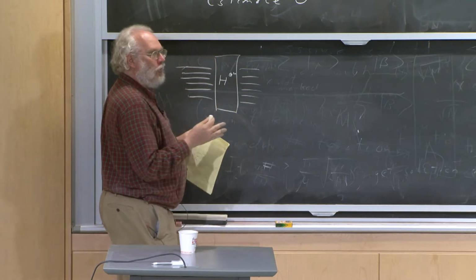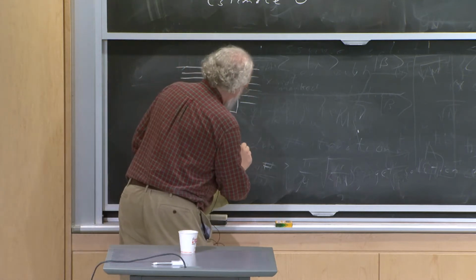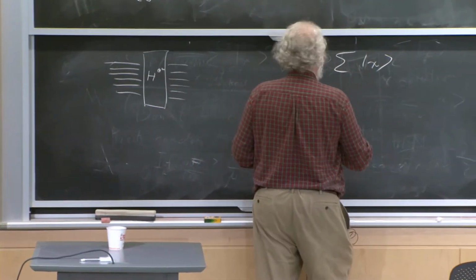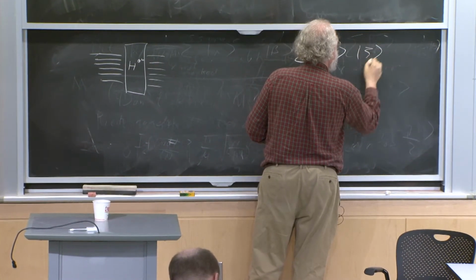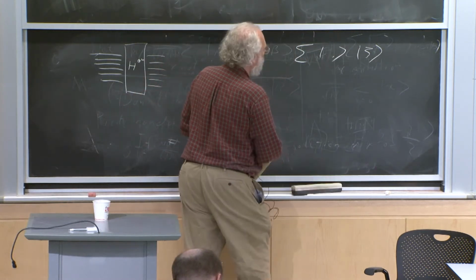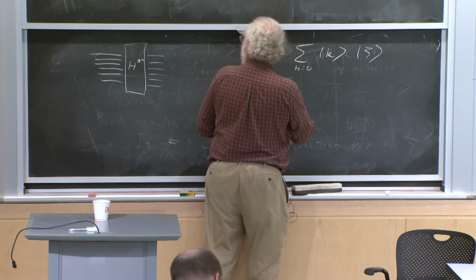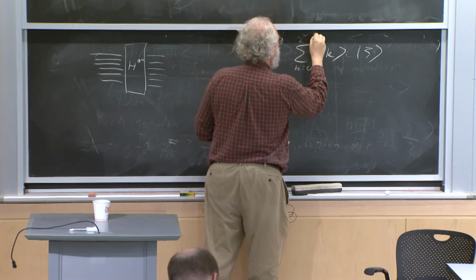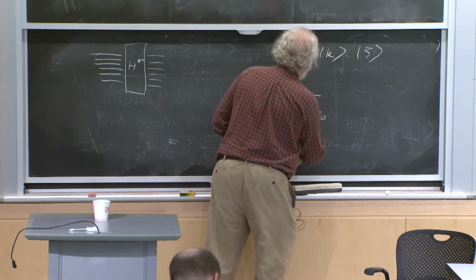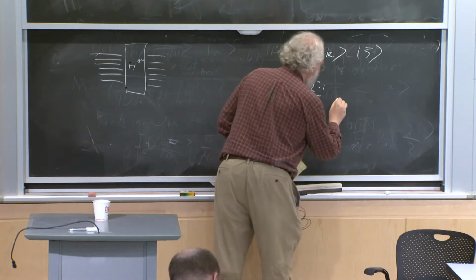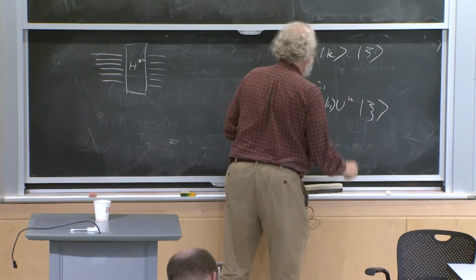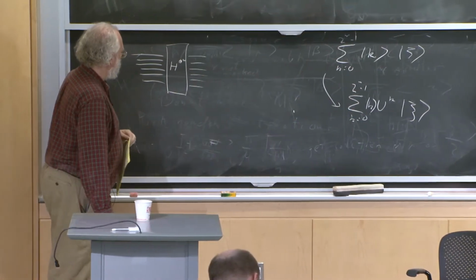That's the summation over k equals 0 to 2 to the n minus 1 of k. Then the next thing we want to do is get the summation over k equals 0 to 2 to the n minus 1 of U to the k psi, k. So how can we do that?